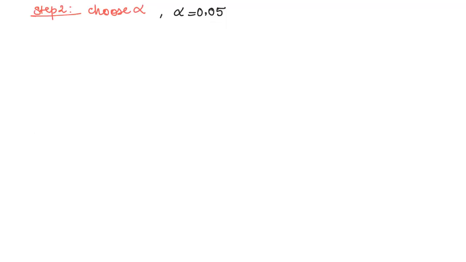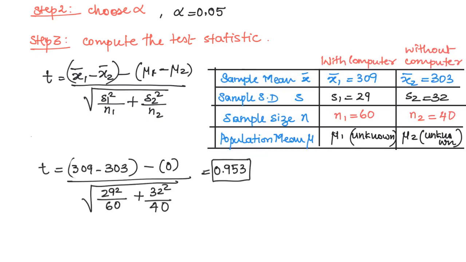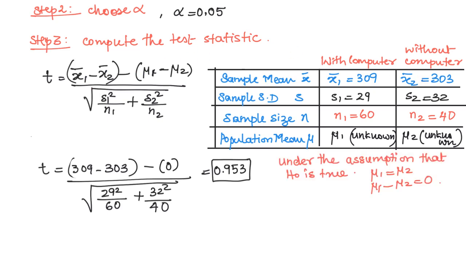Step 3 is compute the test statistic. We will be using this formula to find the test statistic and we will replace all these with the values. So it will be easier if you write down all the information using a table, then substitute from there. So x1, x2, our null hypothesis is mu1 equal mu2.